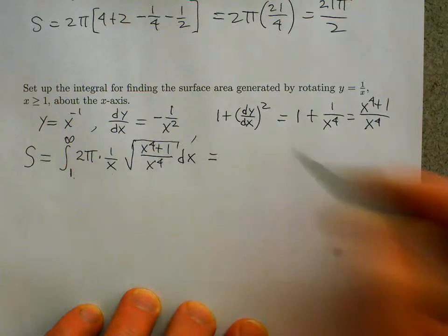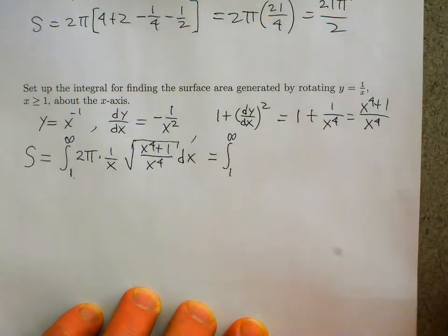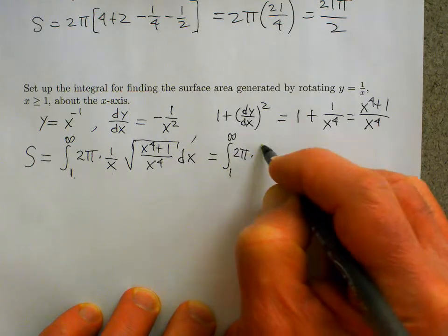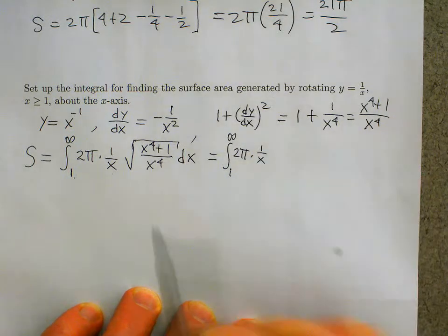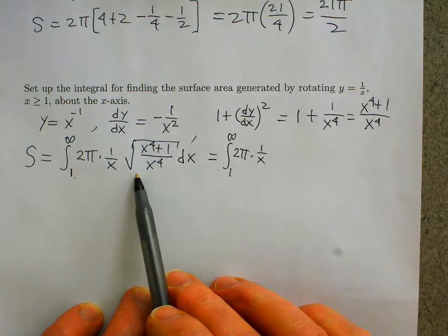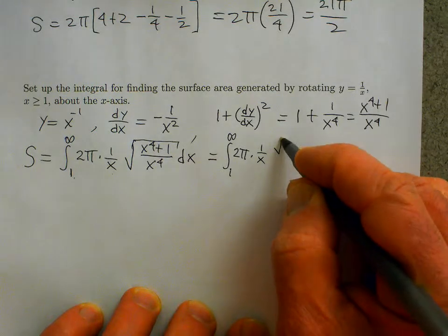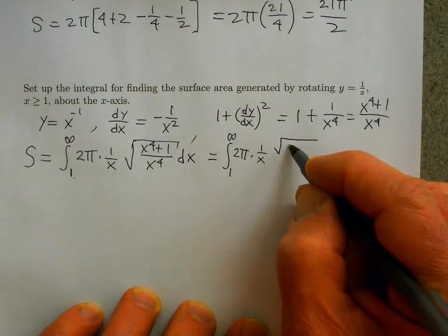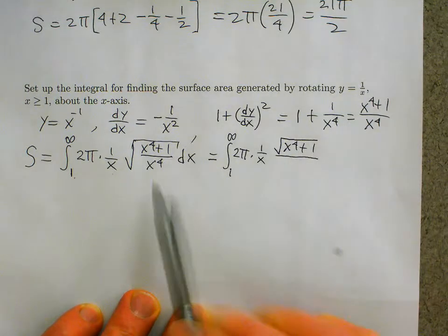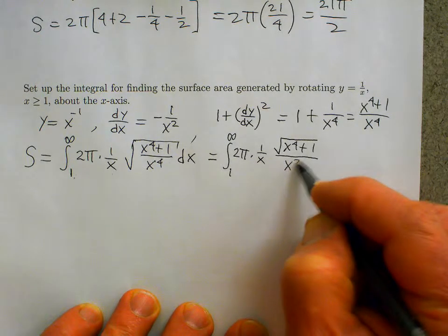Okay, so a little bit more work here. Well, we can do a couple of things at once. The square root of (x to the fourth plus 1) over x to the fourth. I'll put the square root of x to the fourth plus 1 in the numerator. And we know that the square root of x to the fourth is just x to the second.